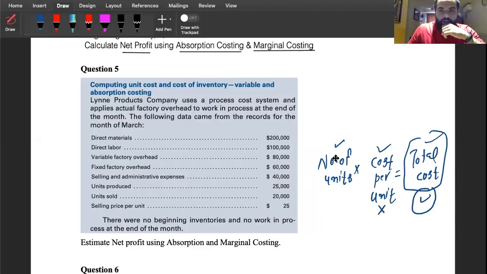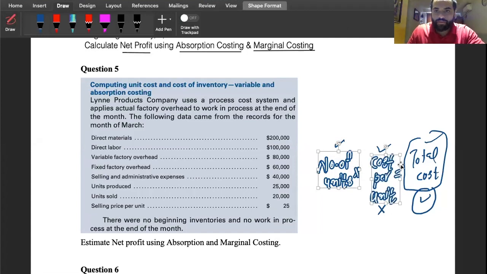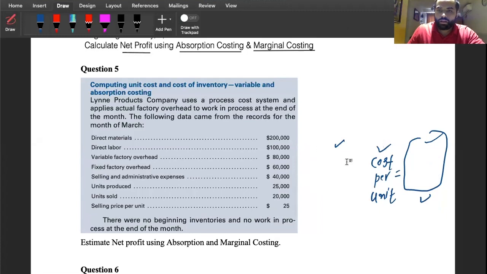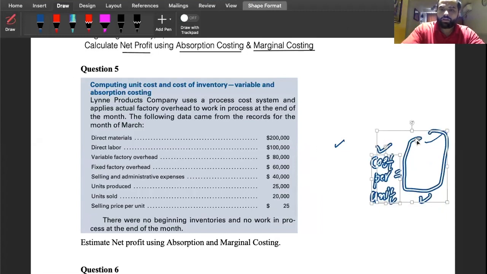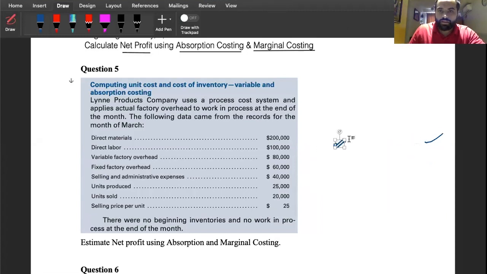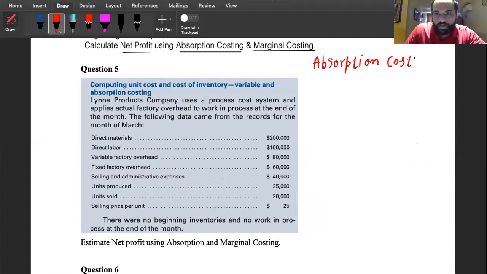So we start question 5 with absorption costing. Right.